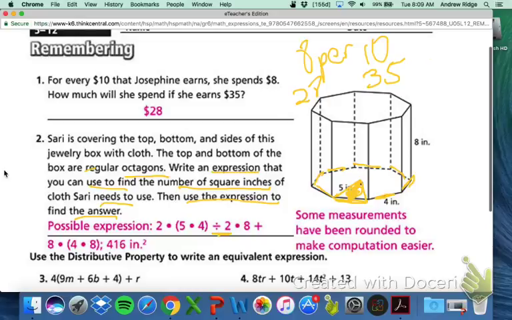Here they're noticing that on each side connecting this prism you have 4 inches, and 8 inches on this side. 4 times 8 would give you the whole area in here.